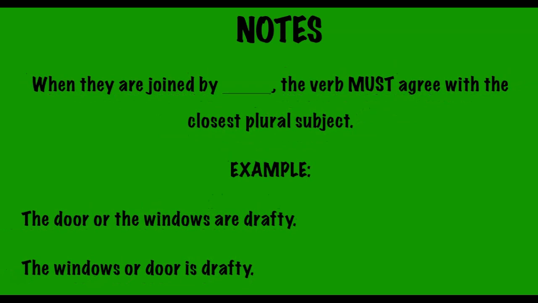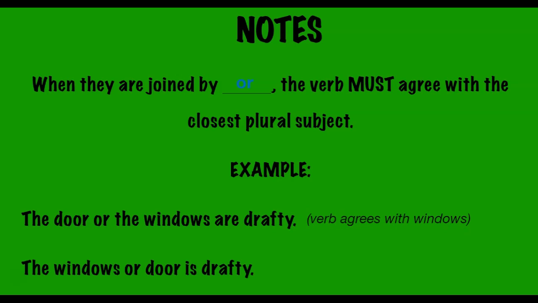When the parts are joined by or, the verb must agree with the closest subject. So with and, they're going with the plural subject. When you're going with or, you need to make sure you're looking at the subject closest to the verb. In our example, it says the door or the windows are drafty.